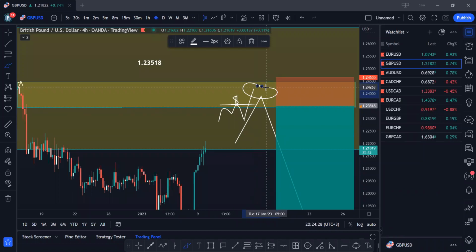Your strike rates will greatly increase because you have waited for liquidity to be grabbed first. All right, so above this zone, when liquidity is being grabbed, is my recommendation to start looking for sells. All right, so that's what personally I'm waiting for on GBP/USD, and I think it's always going to happen.